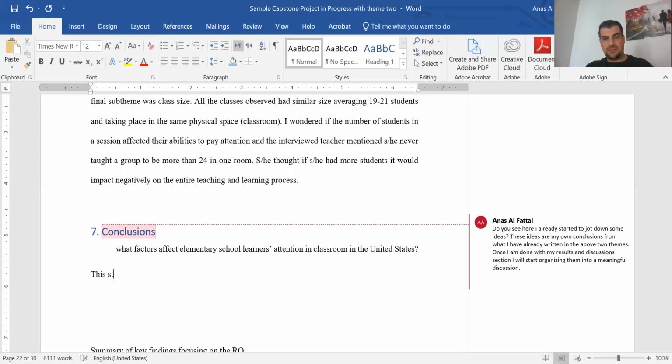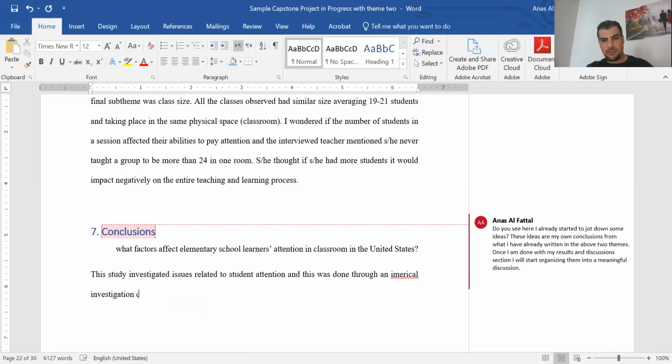So, this study investigated issues related to student attention, and this was done through an empirical investigation conducted at a primary school in the US.